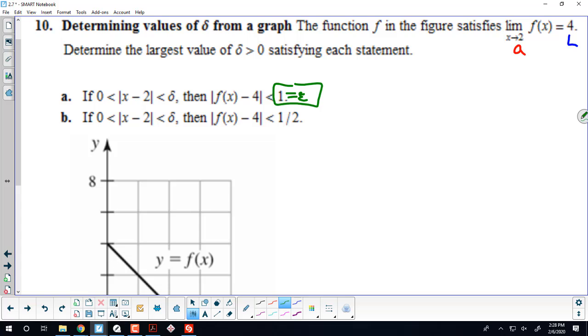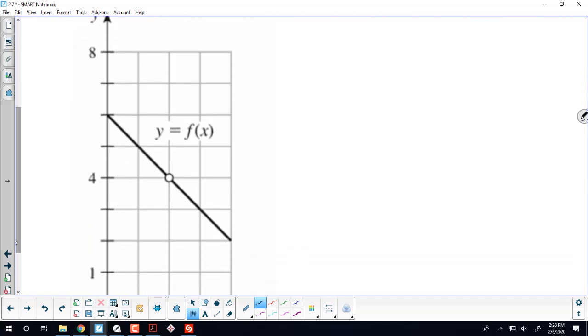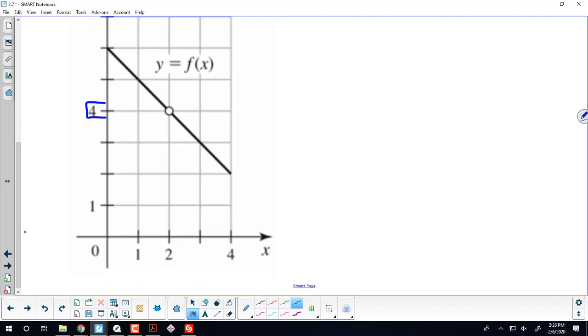It doesn't explicitly say epsilon's equal to this, but based off the definition, it's implied epsilon is 1 in this case. So the way we interpret this statement in words is that we are less than 1 unit from 4 on the y-axis. So we're going to mark 4 and 2 just so we have our reference. We'll mark 4 on the y-axis and 2 on the x-axis.